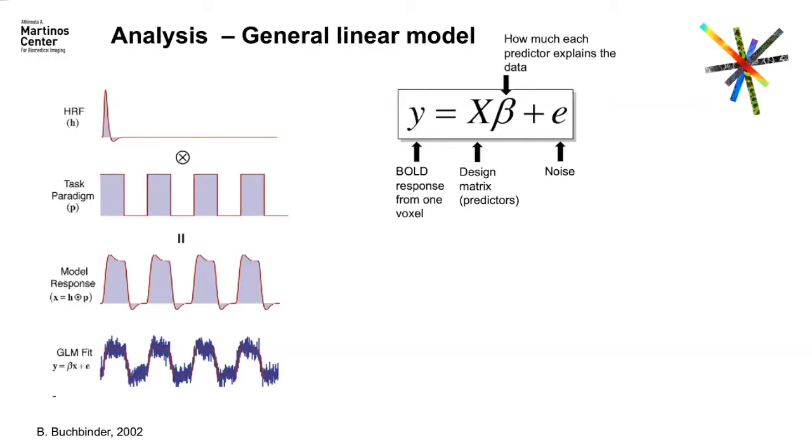To form this x design matrix, we can take the task paradigm, the alternating picture on, picture off, and convolve that paradigm with the hemodynamic response function to get the model response, which basically simulates how the single voxel would respond to that kind of stimulus.